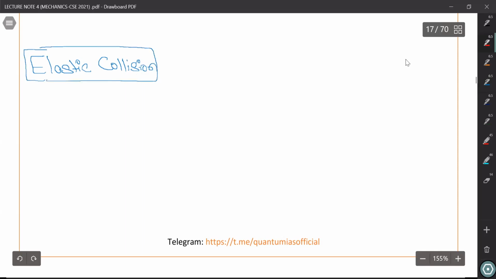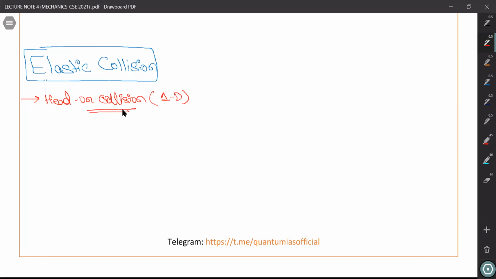Elastic collision. In elastic collision, we will first start with head-on collision. I've already discussed what head-on collision is, or you can also say 1D collision, right? So in this also we will try to study with the lab frame of reference, and also the center of mass frame of reference.